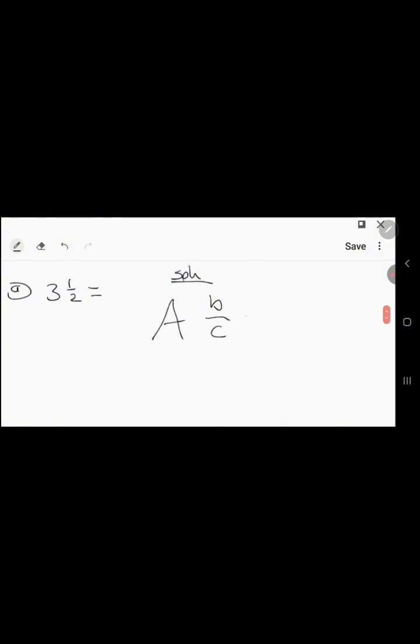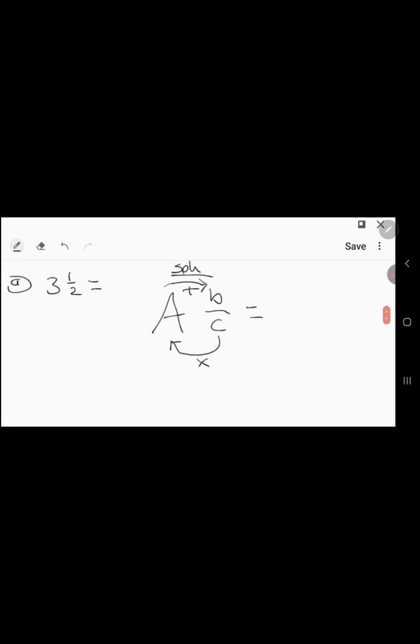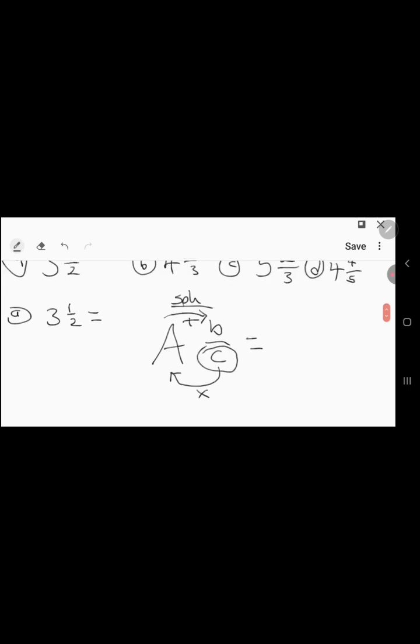So always you have to know that if you want to convert this, the relationship between C and A is multiplication, and the relationship between that result and B is addition, and everything you now divide by this number C. So what you will say is C times A, and then plus B, then everything over C. This is how to convert a mixed fraction.